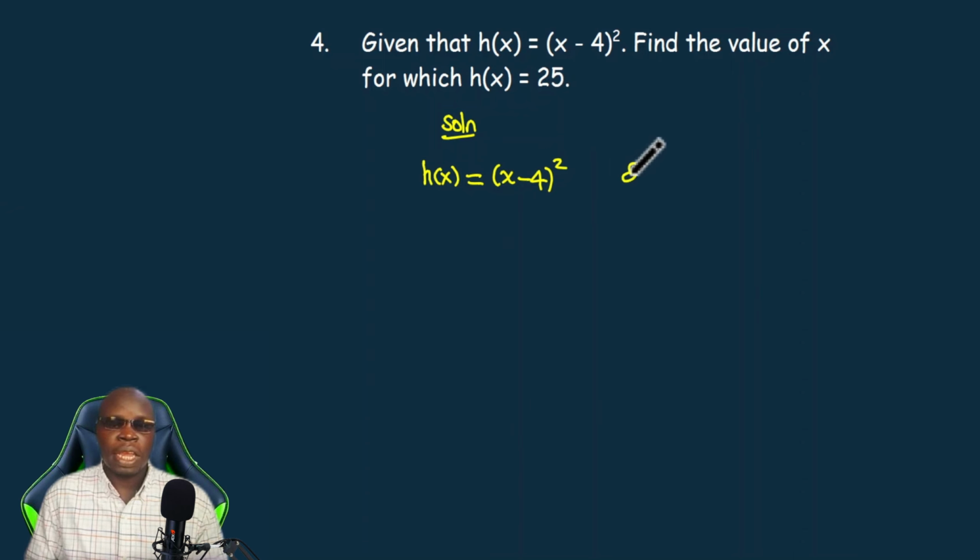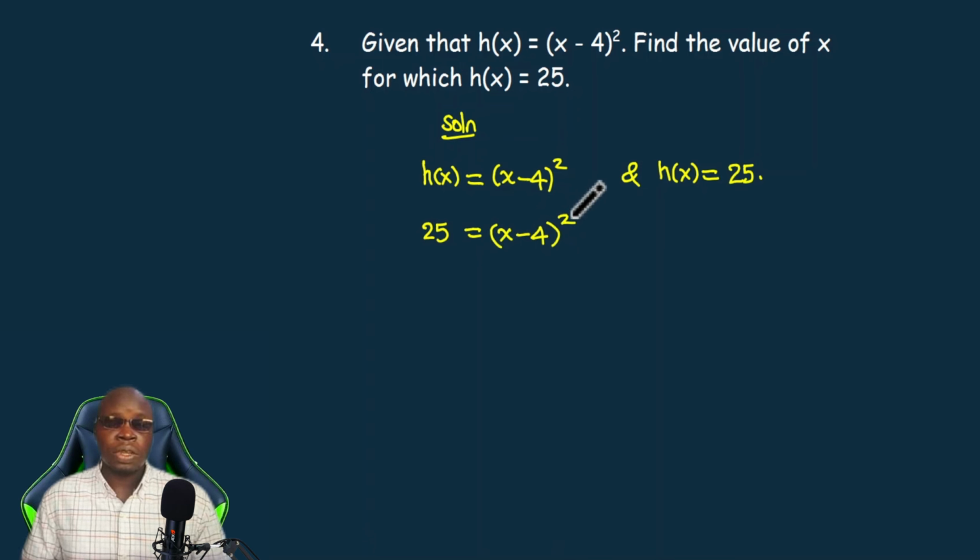So if that is the case, we're simply replacing h of x by 25. So we have 25 equals (x minus 4) squared.